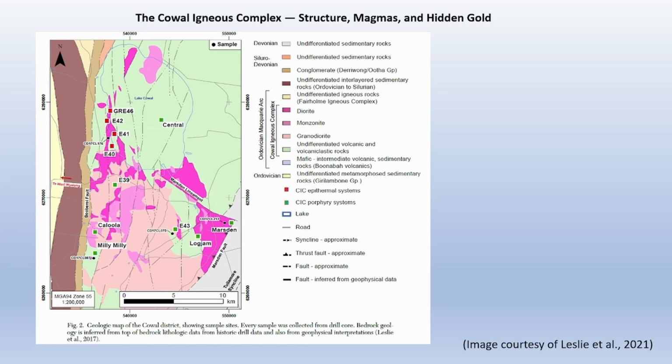So this is not just a geology map, it's a strategy guide. Targeting along crustal-scale structures like the Marsden alignment, focusing on diorite and granodiorite porphyries, and using zircon zoning and chemistry can help to vector toward fertile magmas.